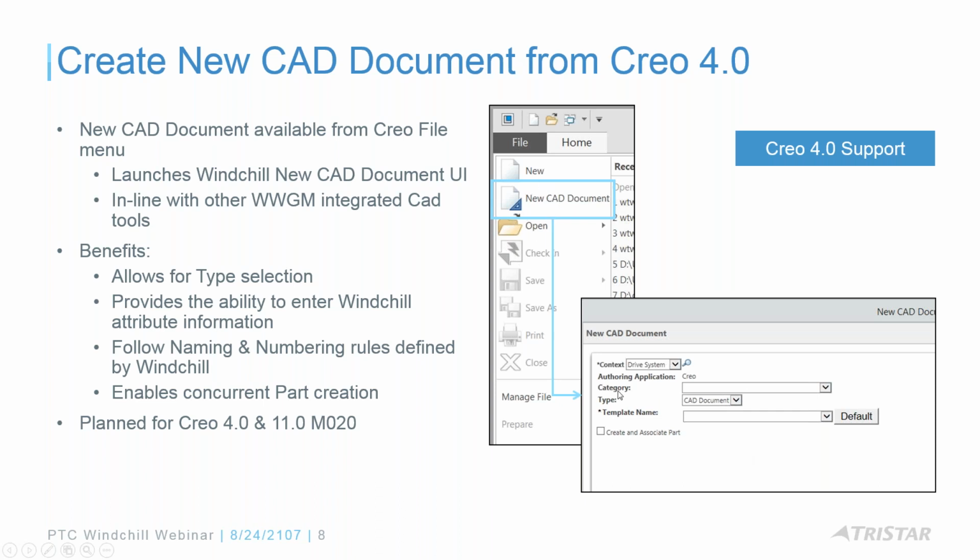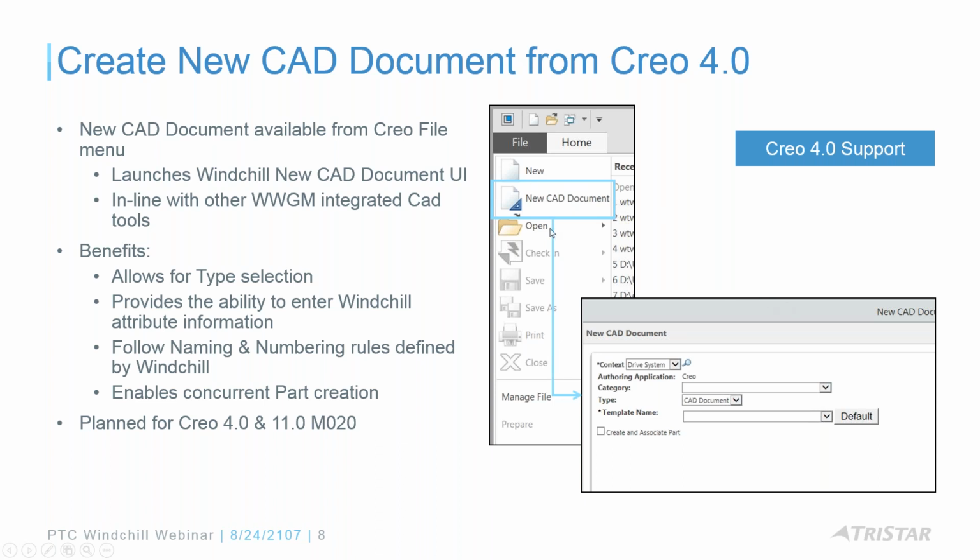And that's just for the purposes of if you needed to create a specific subtype of a Windchill part, or you needed to use some existing templates or fill out some attributes on that page. This would give you just another way to fill in that information directly from your Creo environment. So that button was not there previously.